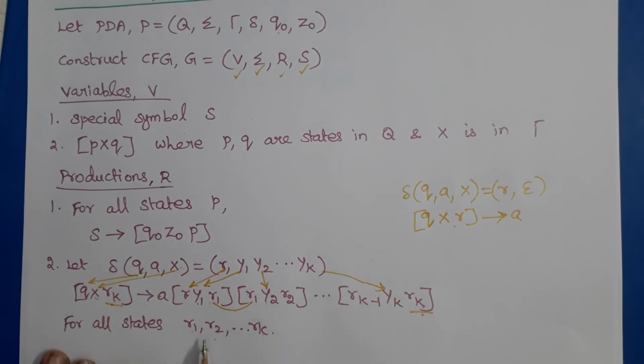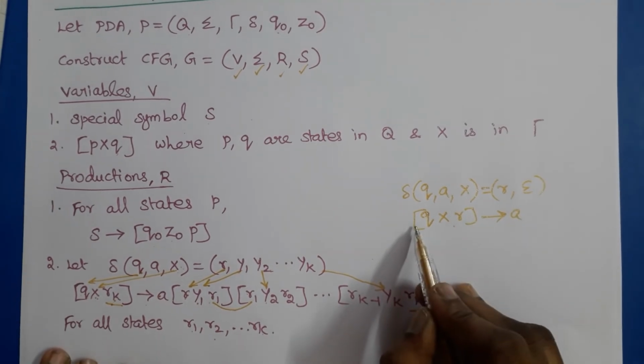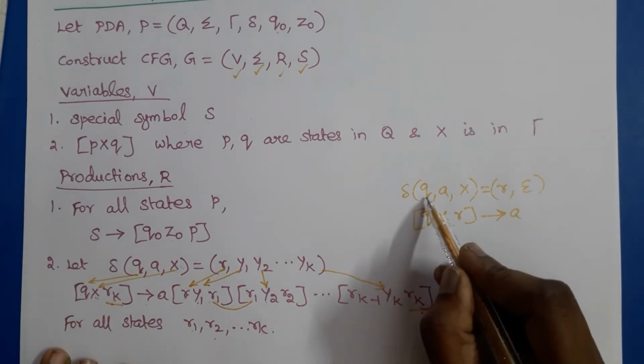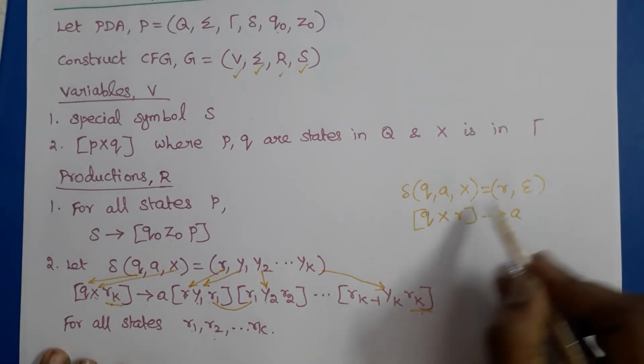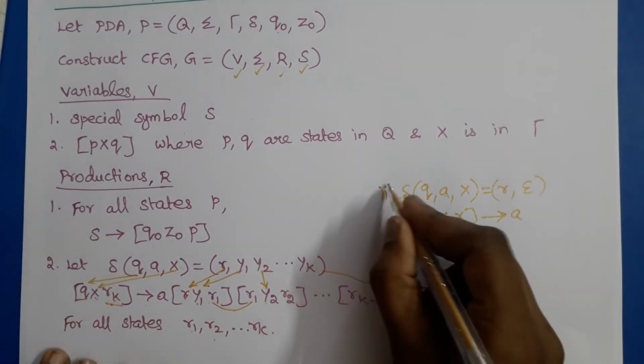In the example we will see that. So for one or more symbols, we have to write the rule for all possible combinations. But here epsilon is given, so we need to write only one production by combining Q, X, R, then the production symbol, and this A should be written. This is the second form.